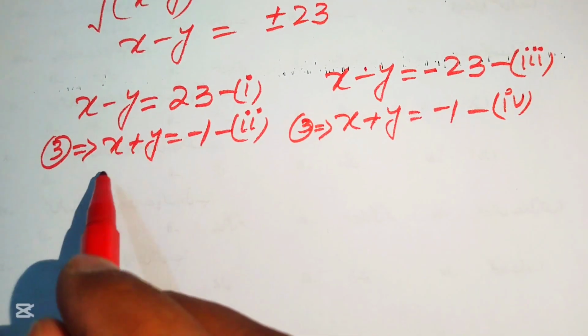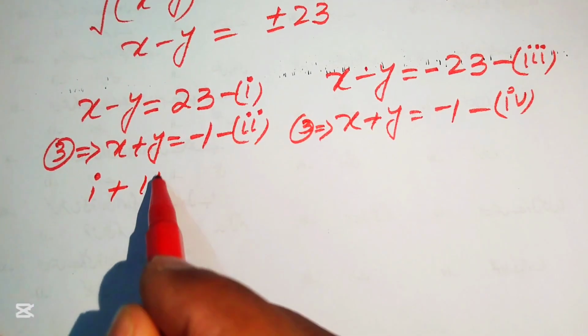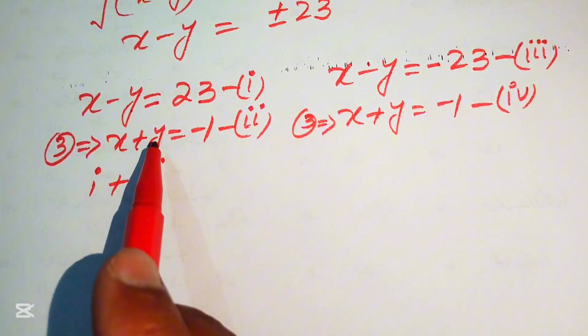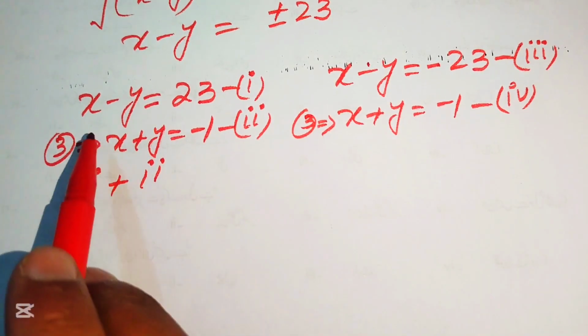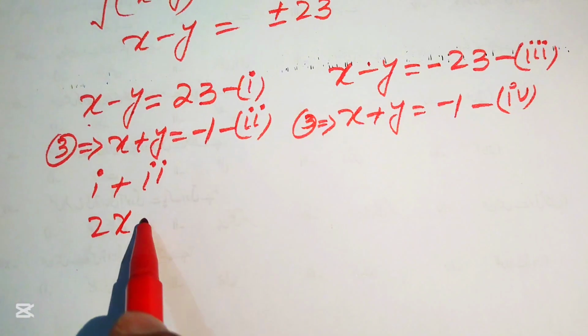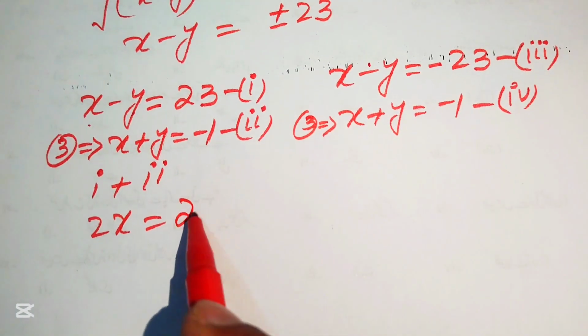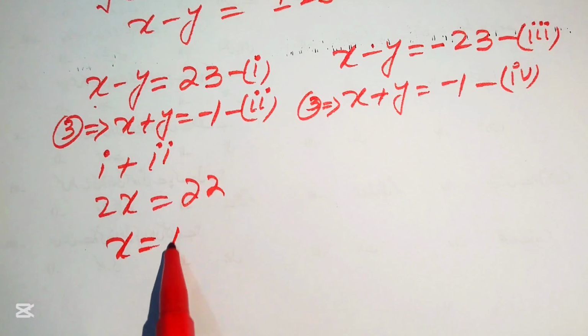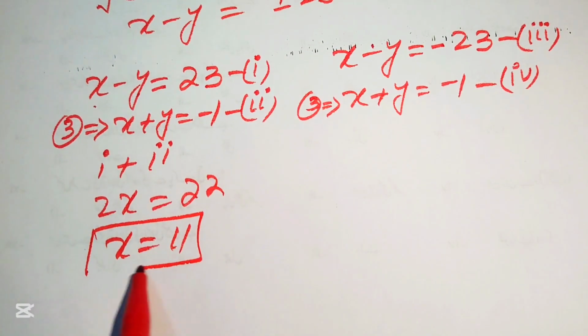First we add equation number 1 and equation number 2. When you add these two equations, negative y and positive y cancel each other, and x + x equals 2x. 23 - 1 equals 22, so we get the value of x equals 11.